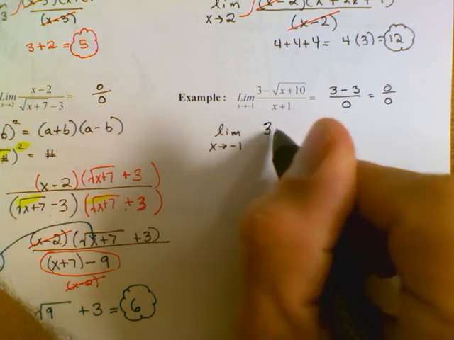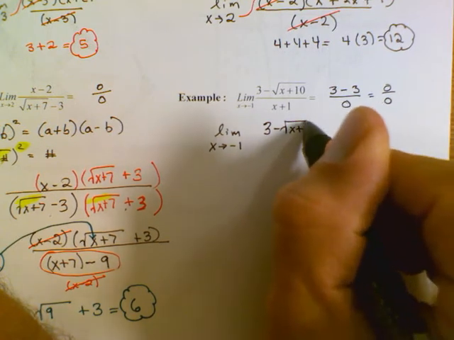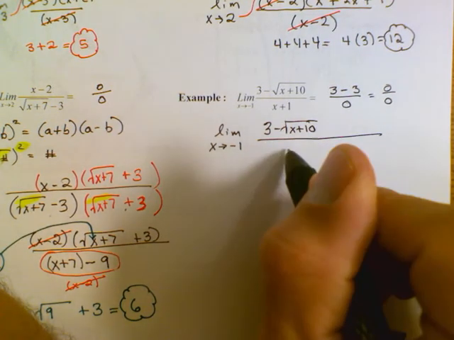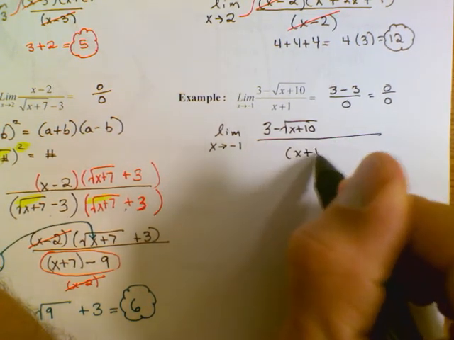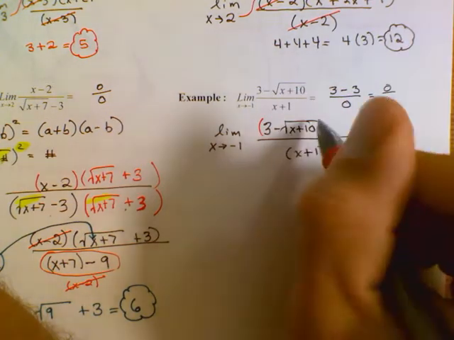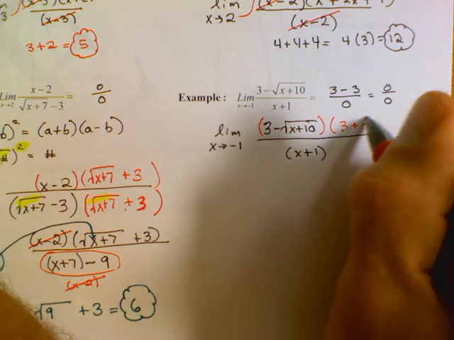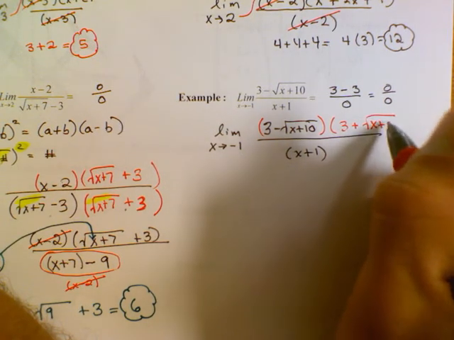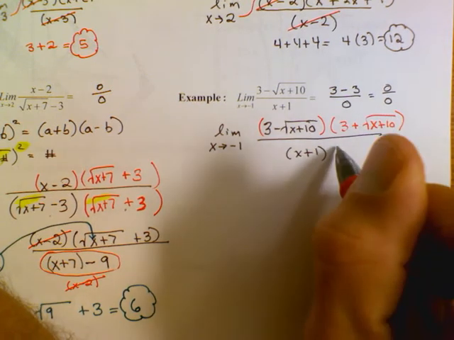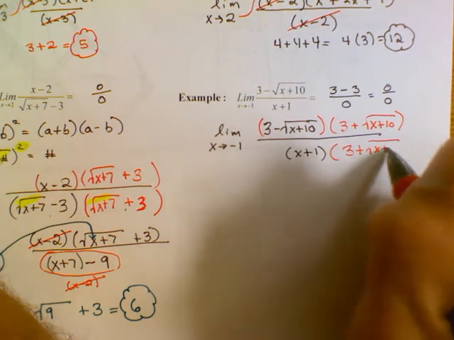So we have 3 minus the square root of x plus 10 over x plus 1, and we need to multiply by 1. The way we're going to make 1 look is 3 plus the square root of x plus 10 over 3 plus the square root of x plus 10.